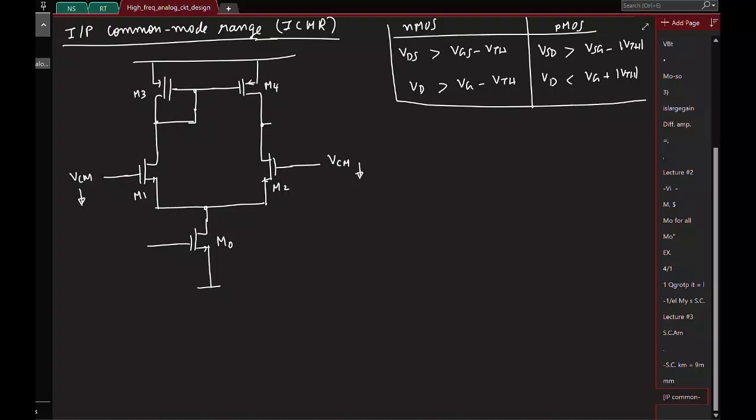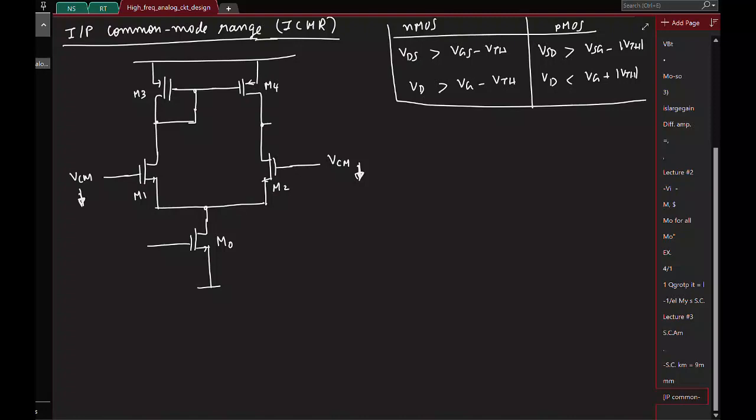Which of the transistors will start to cry? I mean, which of the transistors will have issues in remaining in saturation? If I keep reducing the input common mode, which of the transistors will have problem in remaining in saturation region? M0. Why?